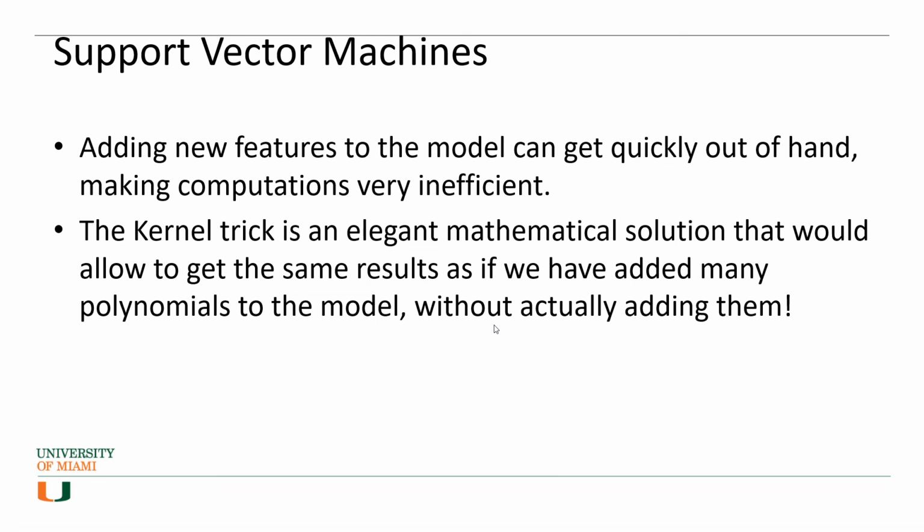Well, there is a very neat and elegant mathematical trick called the kernel trick, which works like magic. Basically, it allows you to do the separations as if you have added the polynomials without actually doing them, right? That is the best way that I can describe the kernel trick. The mathematics behind it is quite complicated.